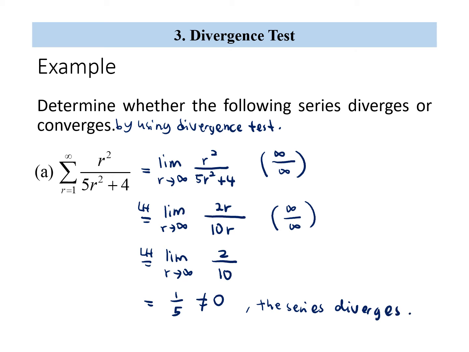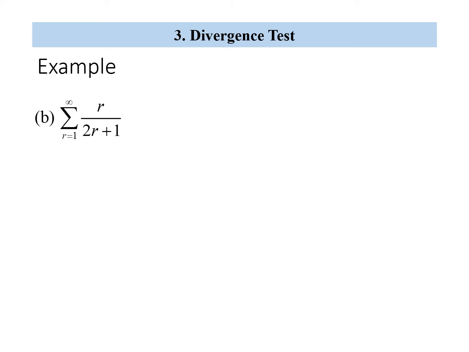Okay, now we proceed with the next example. The term is r over 2r plus 1. So we apply the limit, write back the fraction, r approaching infinity. So our limit is the same, which becomes infinity over infinity.